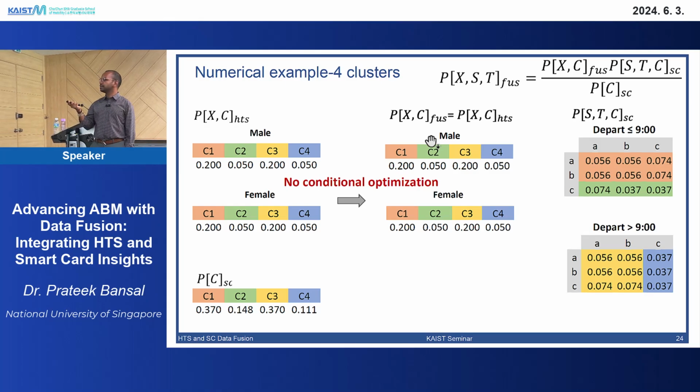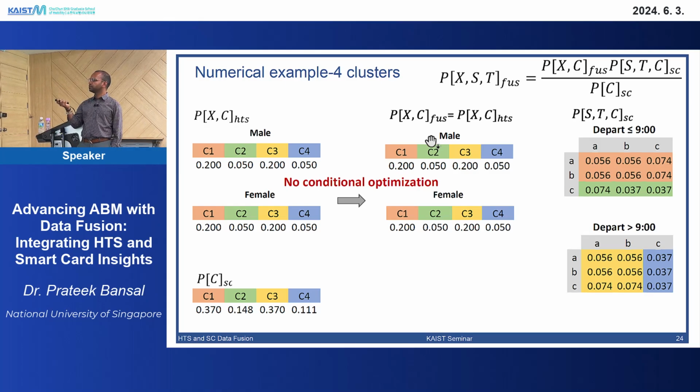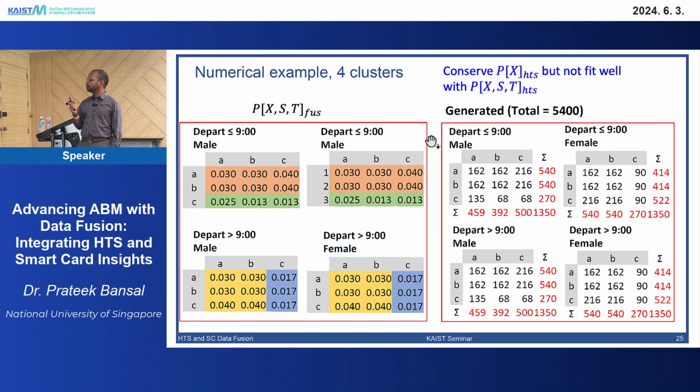If we replace it with the HTS data, 0.2, 0.05, 0.2, 0.05, same as what you observe in the HTS data, what will happen is, let's say this is your XST fuse and this is your generated distribution.